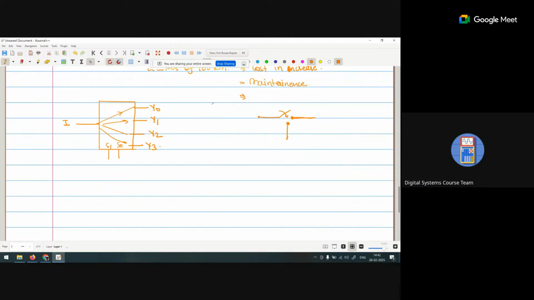So we can move the switch, and the data that is coming will go in this direction or that direction. So basically a mux and demux is nothing but a switch, a digital switch.